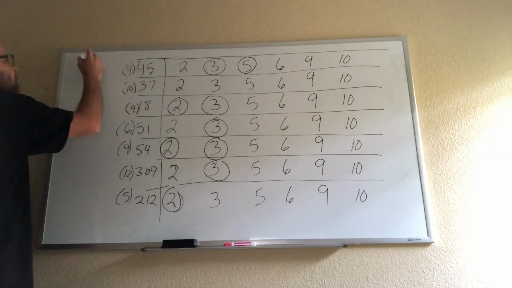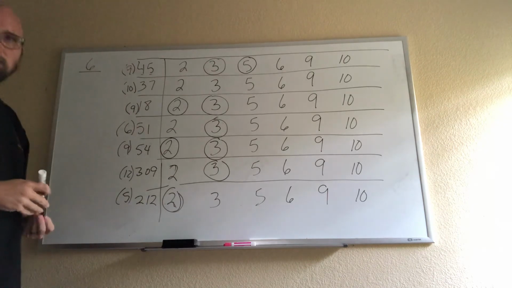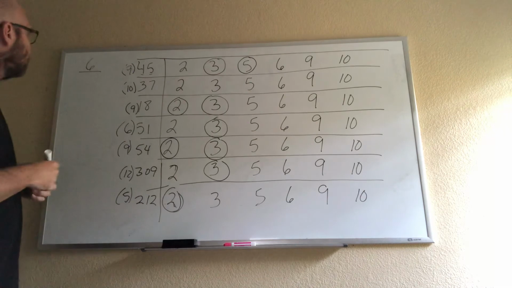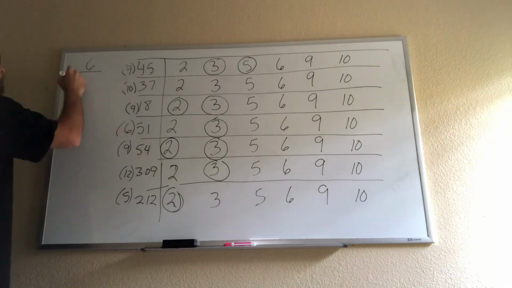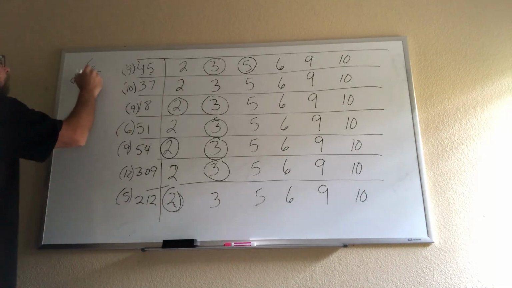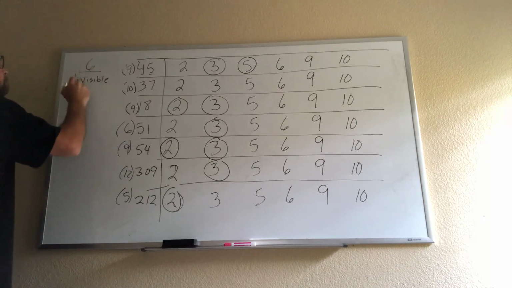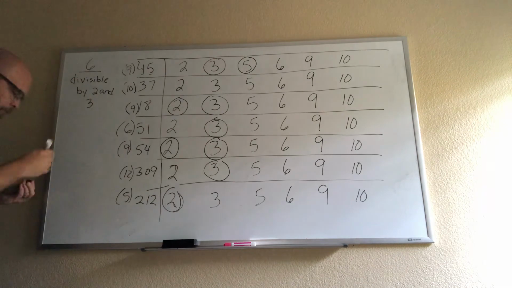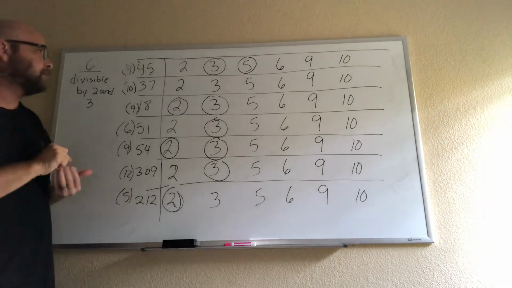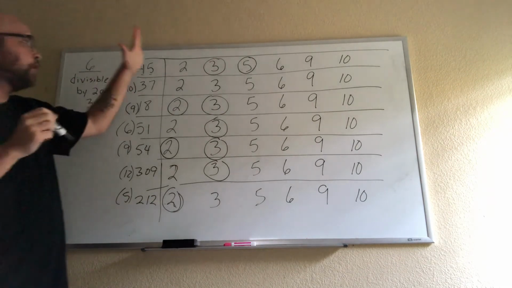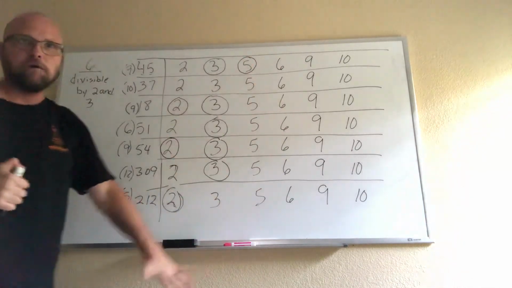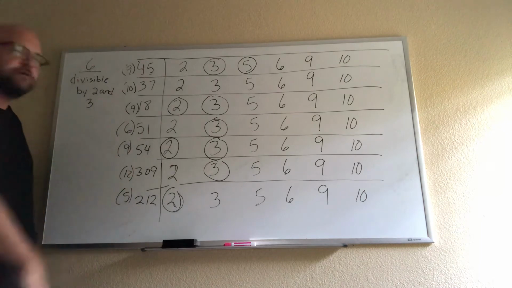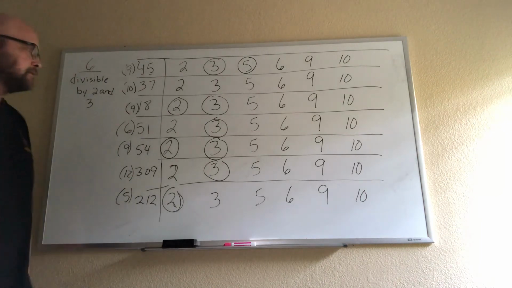Now, the rule for 6, and it says it a little complicated on that paper, but the rule for 6, it has to be divisible by both 2 and 3. Which makes it real easy, because then I just have to go through this part of my chart, and if the 2 and the 3 are circled, then I circle the 6, or I put a check in the 6.